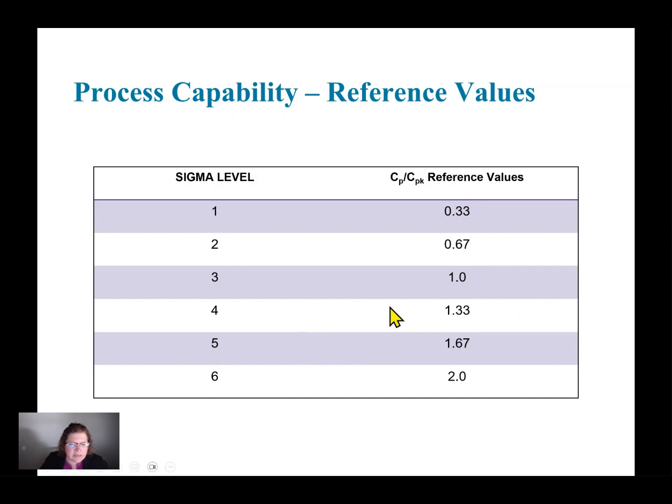Let me give you an example. Let's say I calculate a CP and CPK equal to 1.1. Then I would say the process is capable of 3 sigma because it's over 1.0, but not yet 4 sigma because it has not yet reached 1.33. So this is simply a reference table that helps you interpret the level of quality that you're currently operating at.